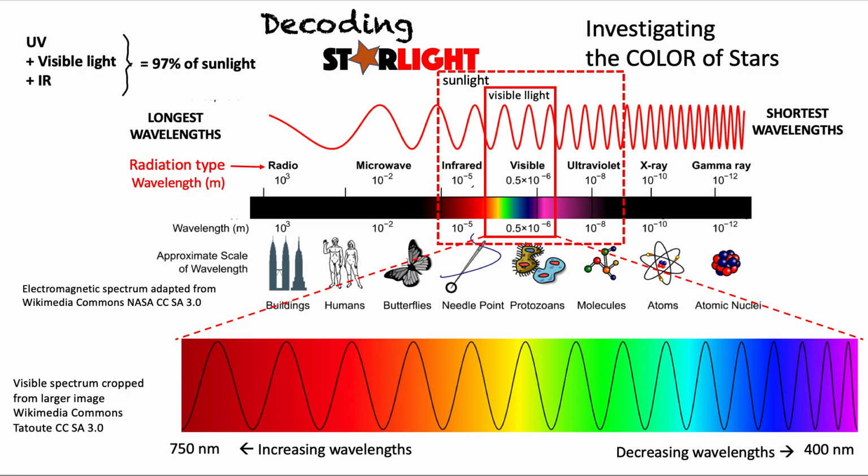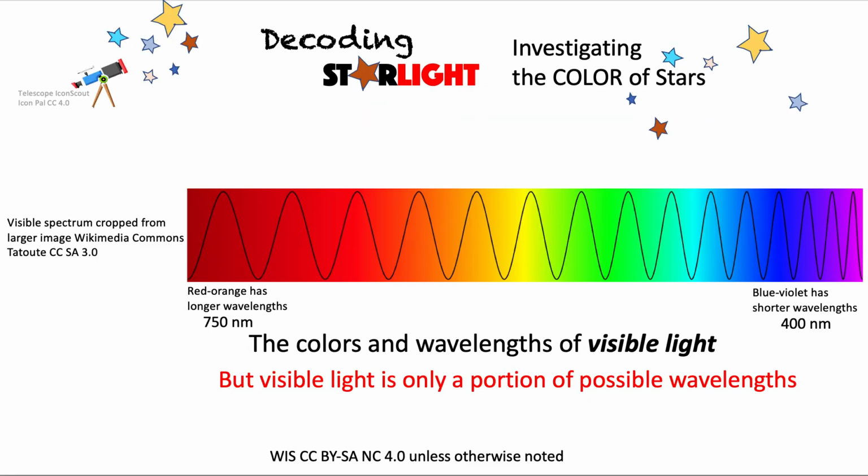And you can pause to look at the objects which have similar sizes to the wavelengths of the different regions of the electromagnetic spectrum. And white light, visible light, is actually a combination of colours, a mixture of them, and all joined together, we see them as white light.